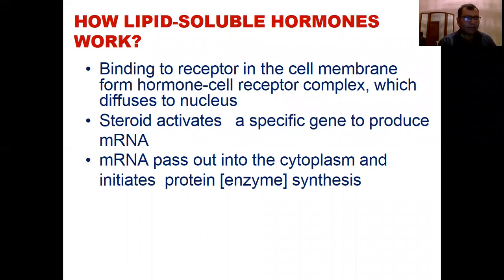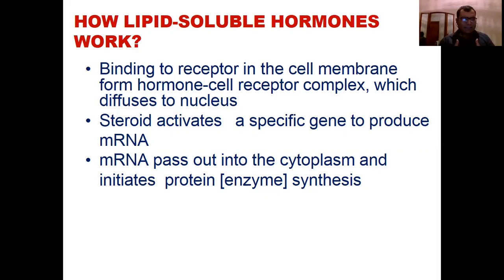A free lipid soluble hormone molecule diffuses from the blood through interstitial fluid and through the lipid bilayer of the plasma membrane into the target cells. The hormone binds to and activates receptors located within the cytosol or nucleus. The activated receptor-hormone complex then alters gene expression, turning specific genes of the nuclear DNA on or off.